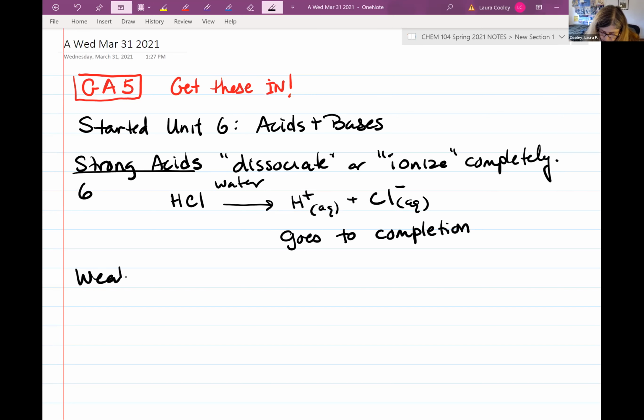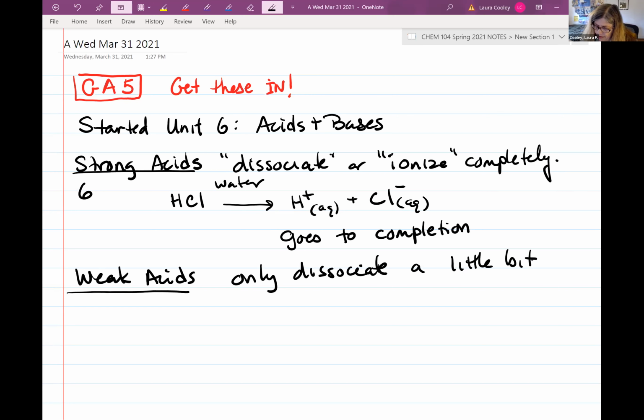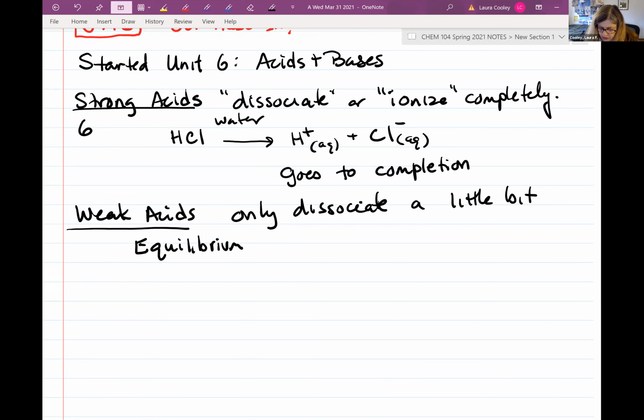Then I also introduced the idea that there are weak acids. These only dissociate a little bit, or only ionize a little bit, which is to say that when you put them in water, there is an equilibrium set up. For example, we have CH3COOH, which is acetic acid that I mentioned last time.